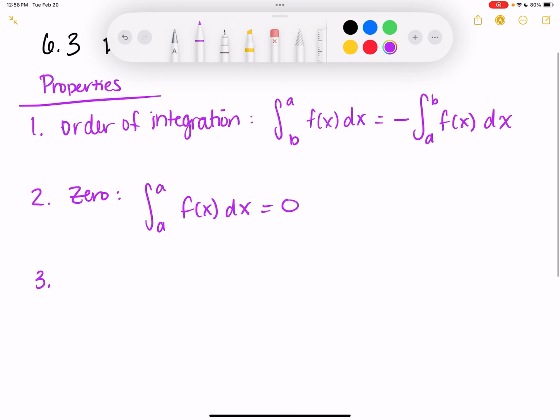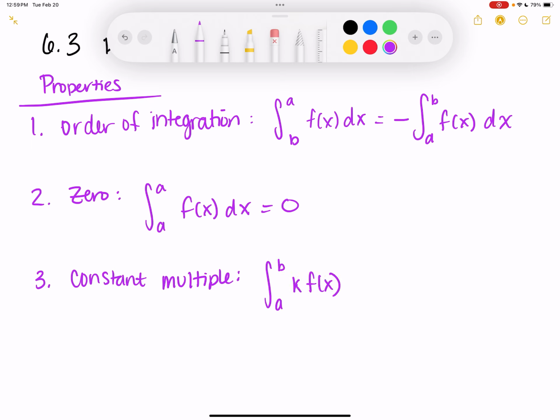We have the constant multiple. And this I'm going to write 2 different ways for you, but the first one, the integral from a to b of k times f of x, where k is just any constant number, dx, is equal to k times the integral from a to b of f of x dx.